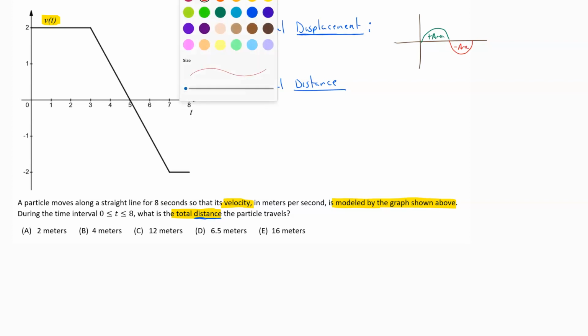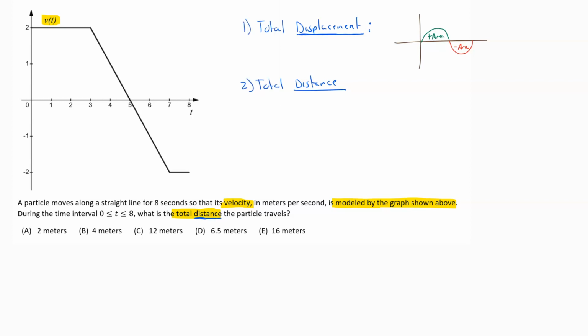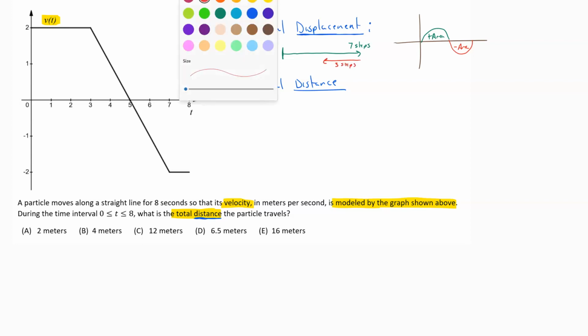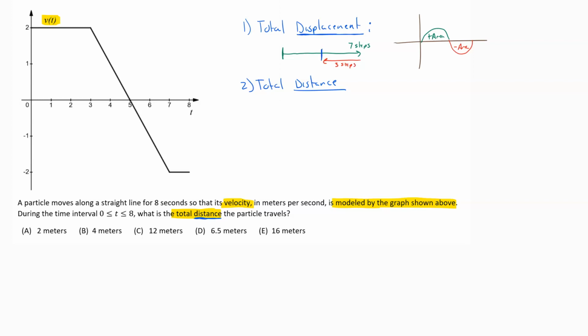And so the way I tell people about this is sort of like, if I've got a starting point right here and I take 7 steps forward, but then I take 3 steps backwards, my total displacement in this situation is how far from that starting point I ended up, and that would be 4.